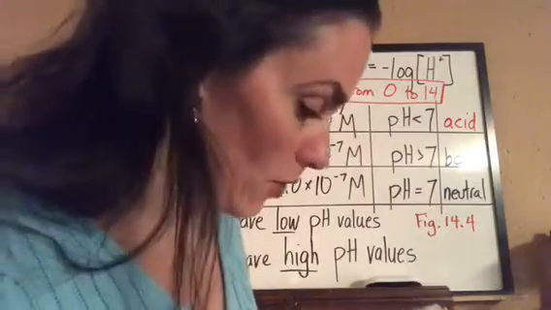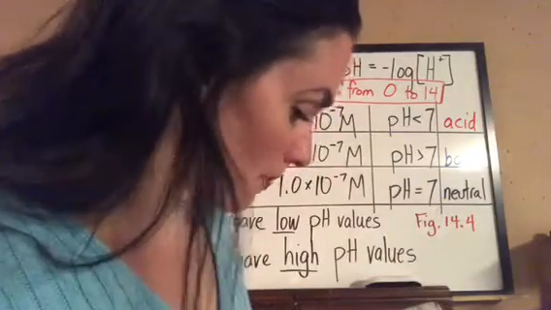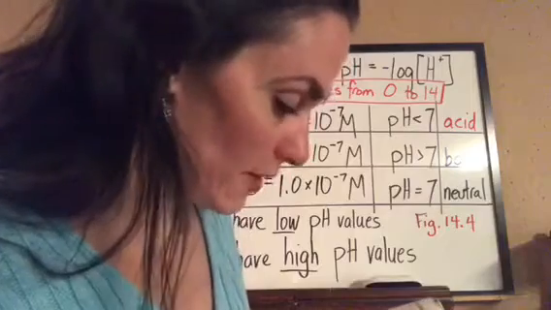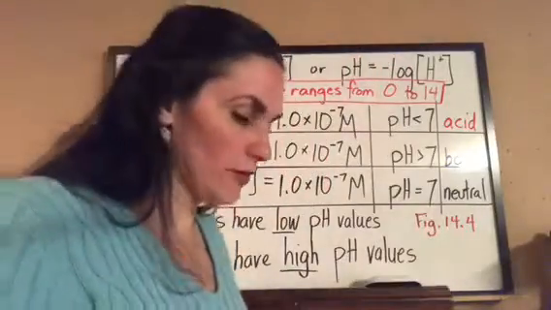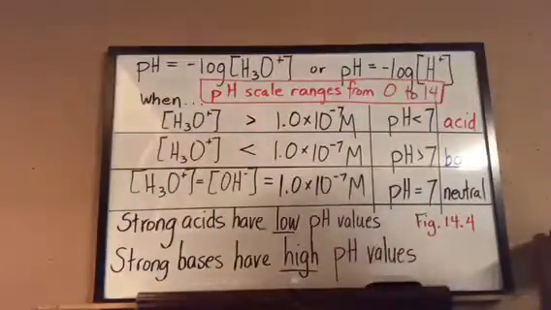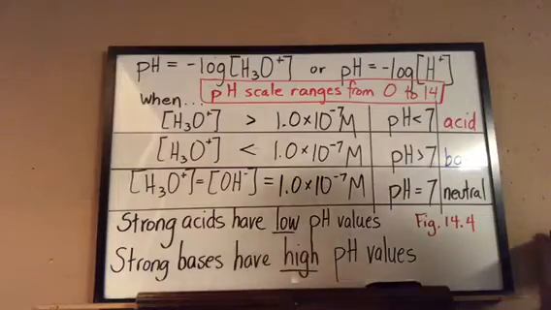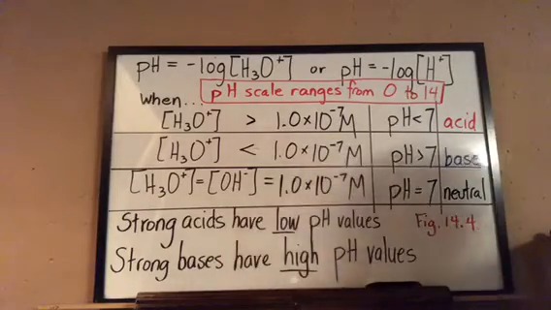And then you have coffee, you have potatoes, you have milk, okay, they're in the 5 to 6 range, okay. So you have all of these food products that are in the acid range for pH values.